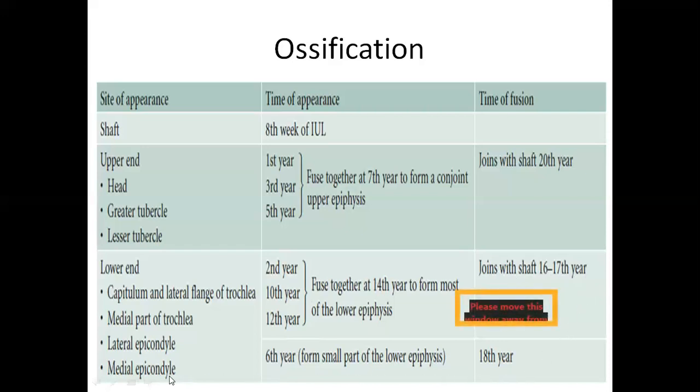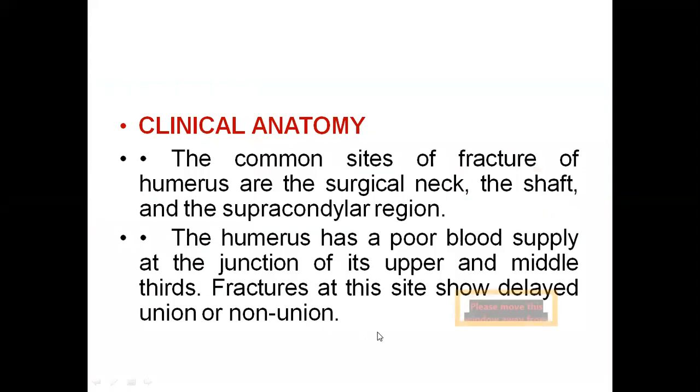The medial epicondyle and lower epiphysis fuse with the shaft by the 18th year. Whichever joins late, like the upper end joining the shaft by the 20th year while the whole lower end joins by the 18th year, means the upper end is the growing end of the bone.